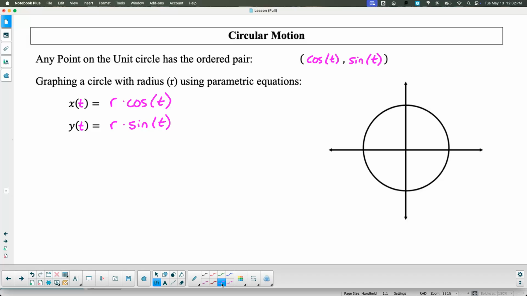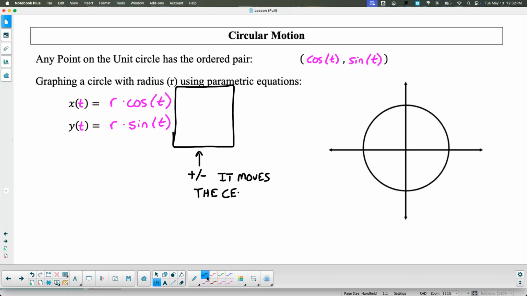Now, what we just learned a couple of slides ago was if we add something into this box, it moves the center of that circle.